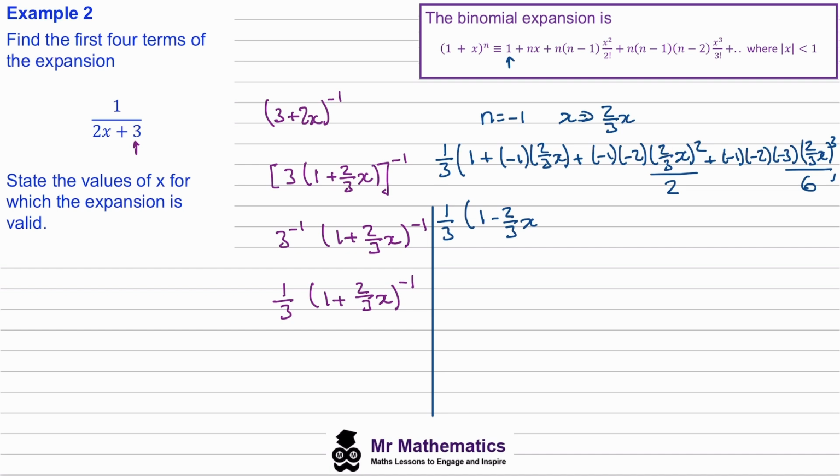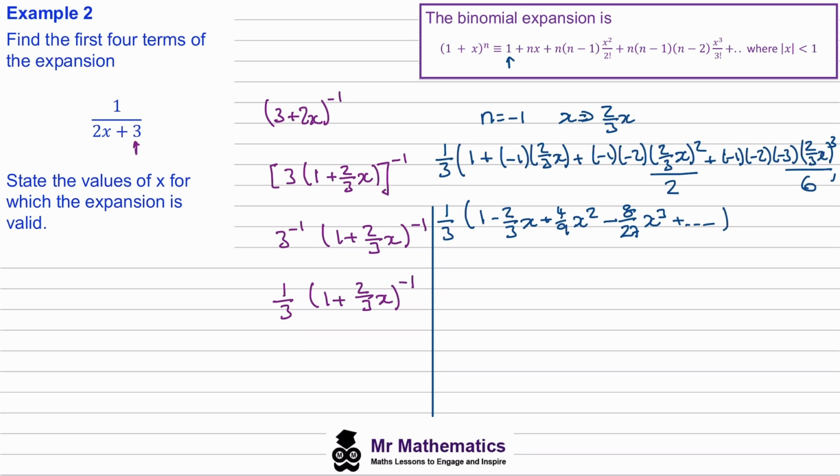So this will be plus 4 over 9 x squared. And then for our next term, we've got the positive 6 here divided by this 6. So these will cancel. We'll have this negative 1. Then we'll have 2 over 3 cubed. So this will give us negative 8 over 27 x cubed. Okay? So what do you think we need to do next?